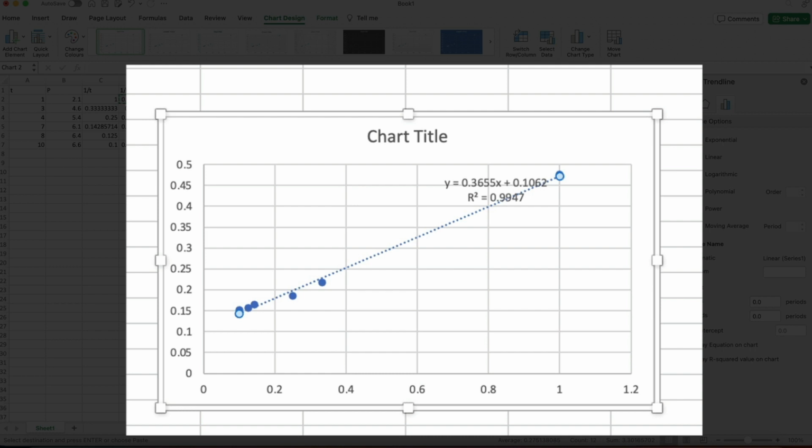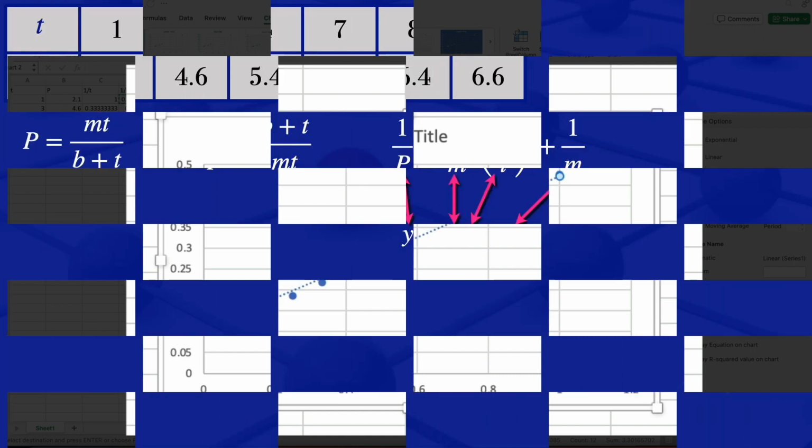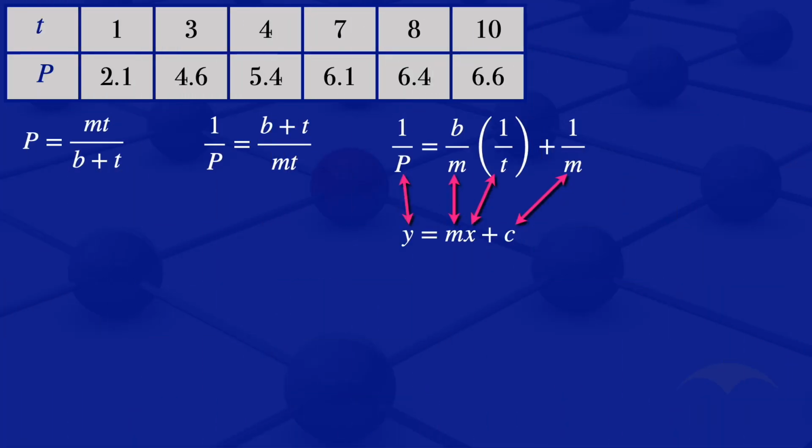So we now evaluate the constants b and m. The equation that we obtained from Excel is y equals 0.3655x plus 0.1062. As we said earlier, the 1 over m corresponds to our c.